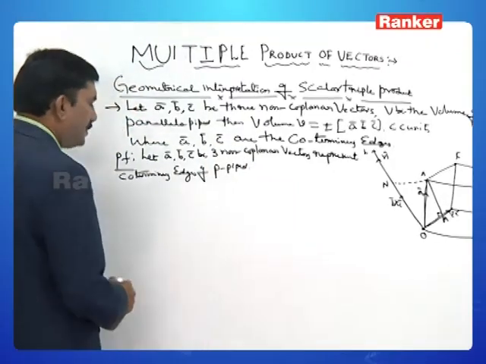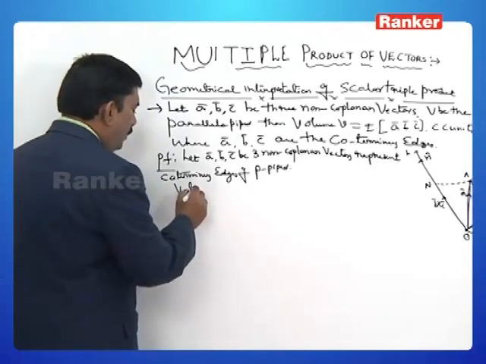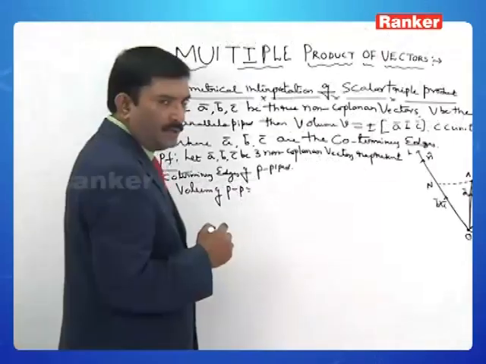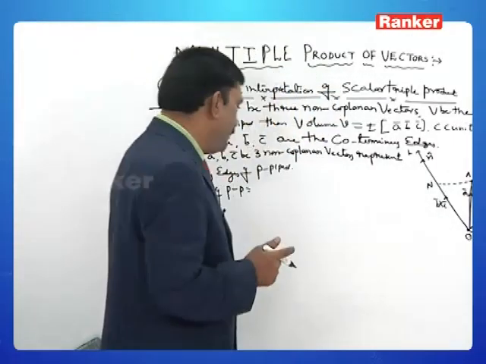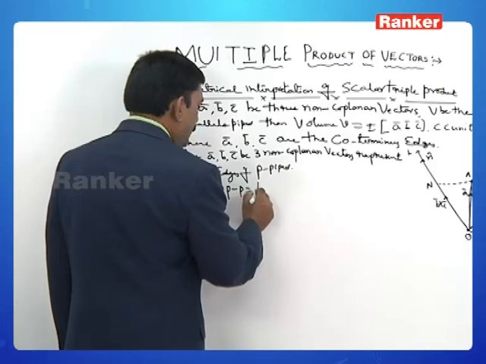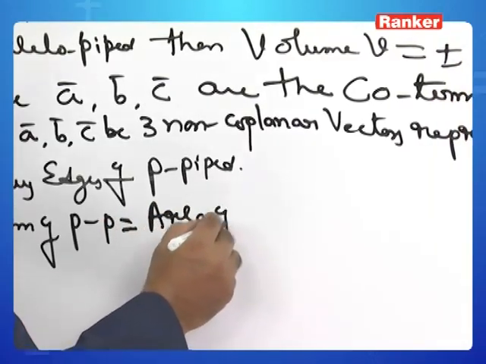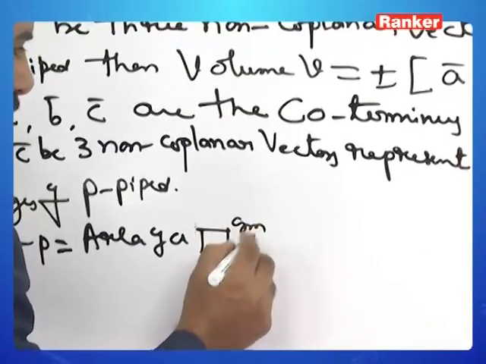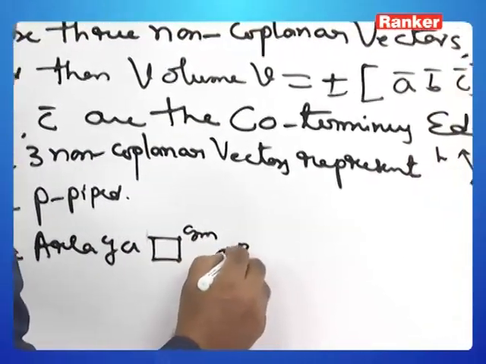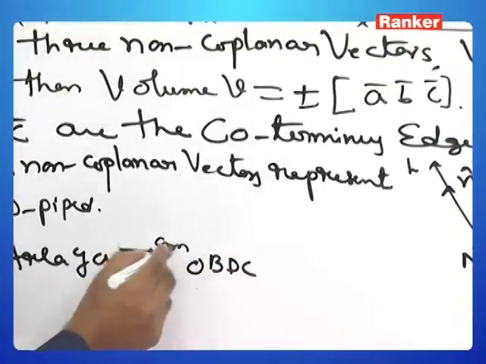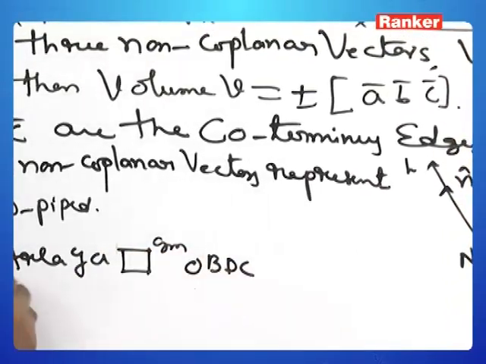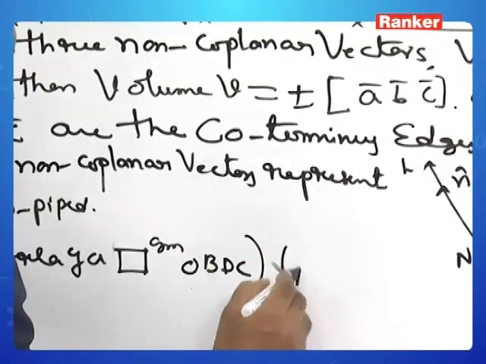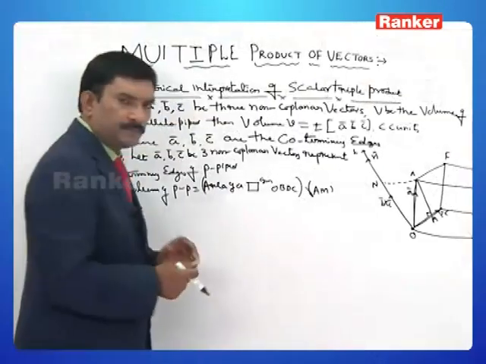Now, what is the volume of a parallelepiped? The volume of a parallelepiped is equal to the area of a parallelogram, I can take parallelogram OBDC, into AM.